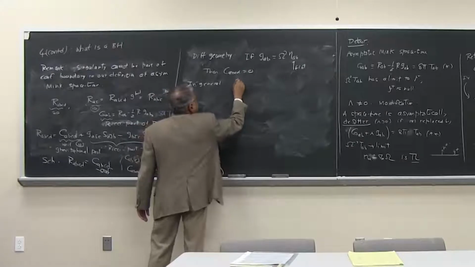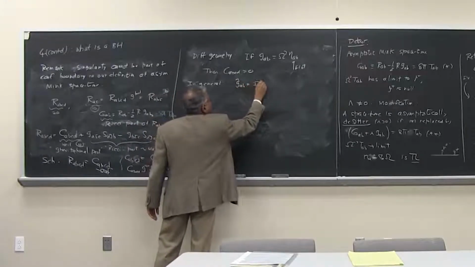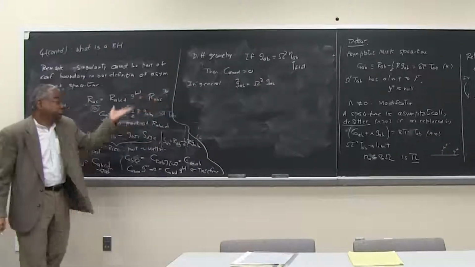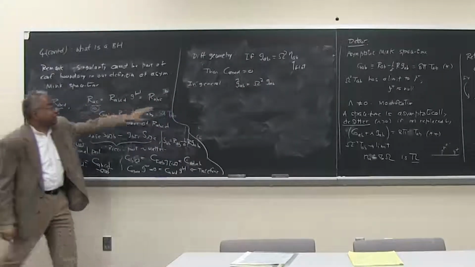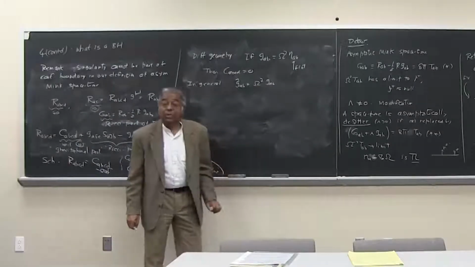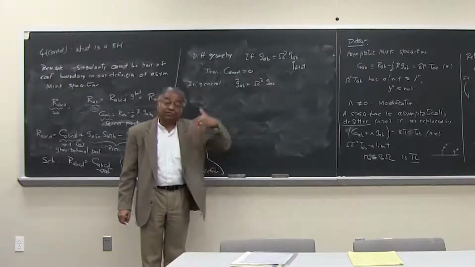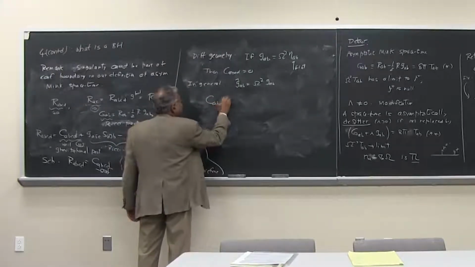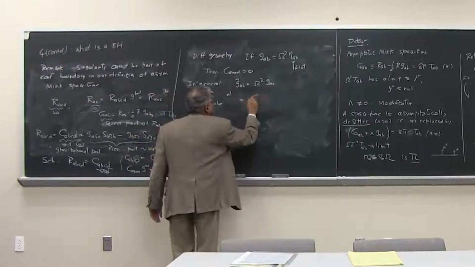In general, if I have a metric g hat AB, which is omega squared times g_AB, where g_AB doesn't have to be flat, that's the kind of thing we did when we did conformal completion. Then the Weyl tensor with this index structure is conformally invariant.